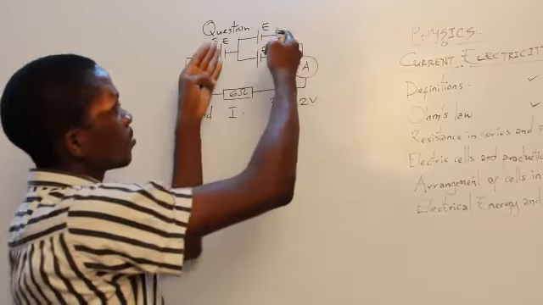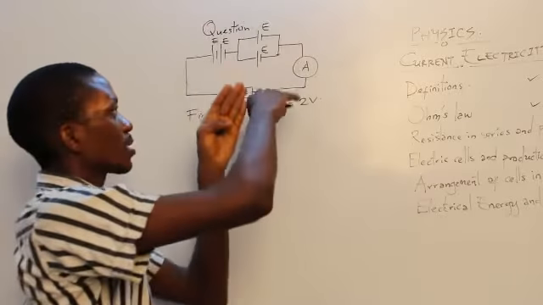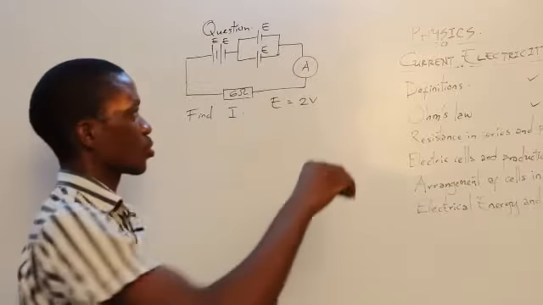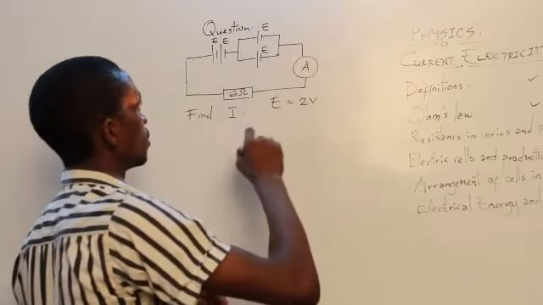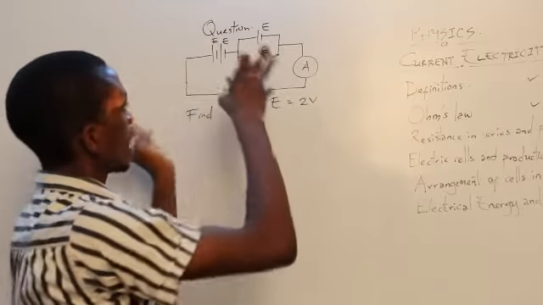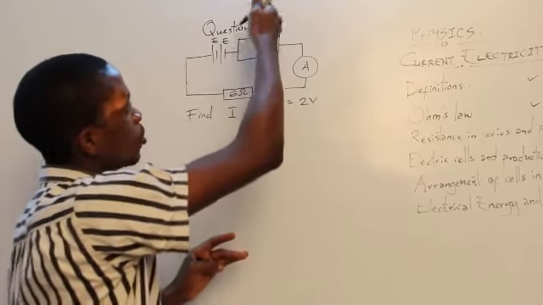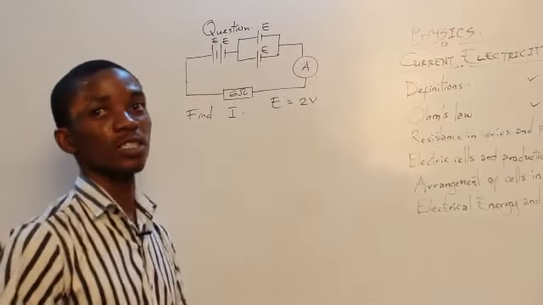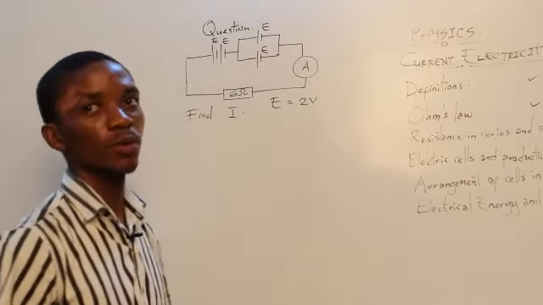Since both of them are in parallel, it automatically means both of them will give us just 2 volts in this particular location. So if you wish, you could redraw the diagram and, instead of putting both of them, just put one of them and move on. It's as good as what you have on the board right now.